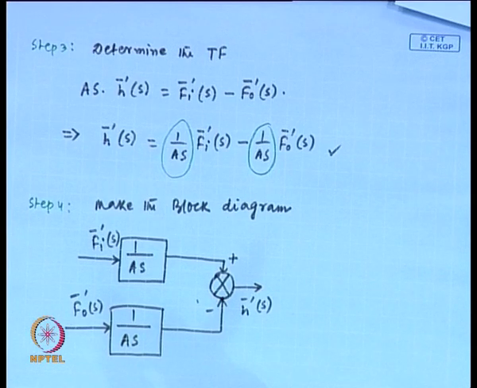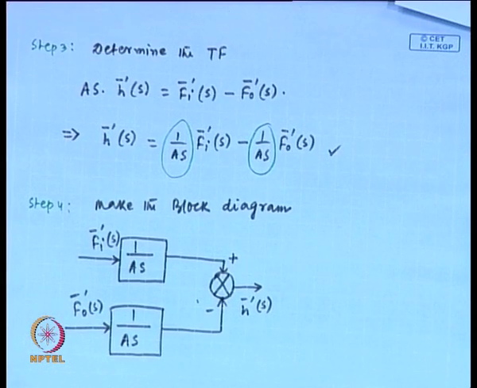Why negative sign is there? Because f_0 is the output and f_I is the input. So, we can say that f_0 is the negative input. Fine.